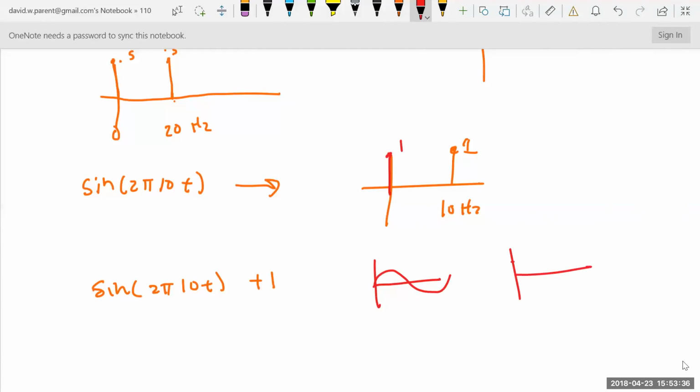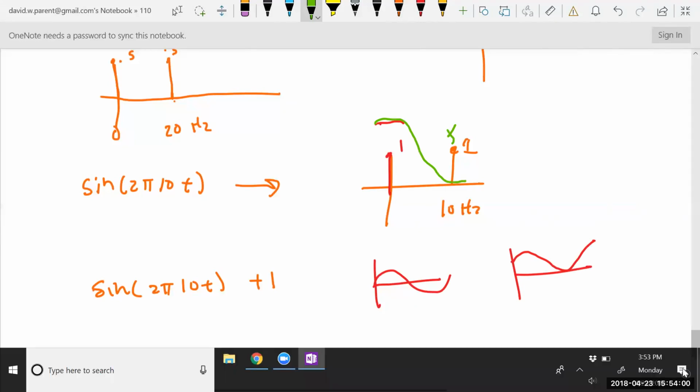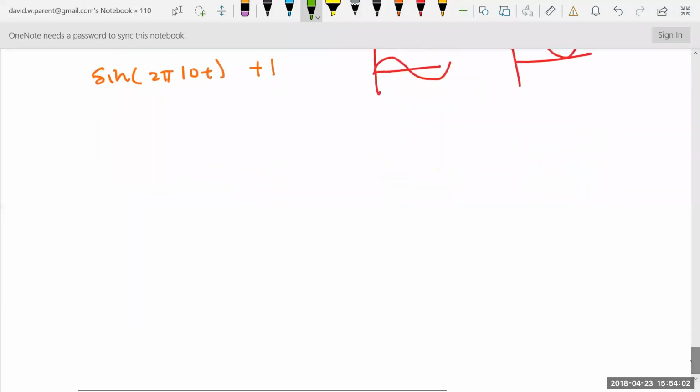This is a sine wave plus 1, right? We're trying to get rid of, in our project, if I just try to draw a filter around it, right? I want this, and I want to get rid of this, right? Get rid of the sine and get the DC part back, right? Now, yeah, we're not using sine waves for our project.